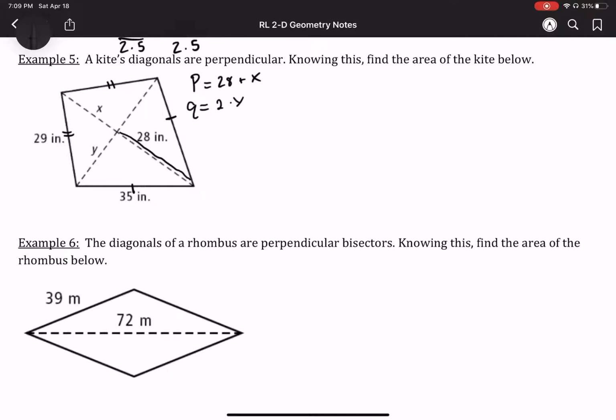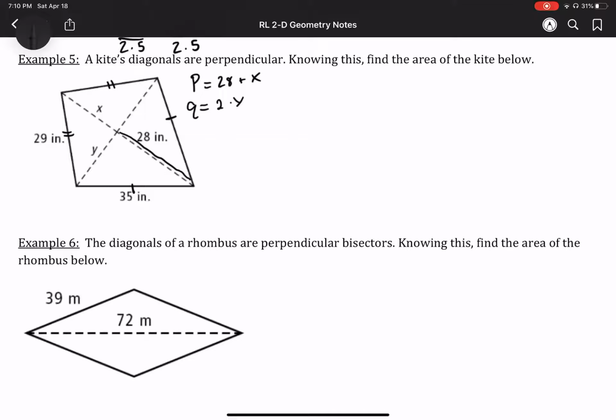I know that both sides are equal to that same amount of Y because when you look at these triangles, I have a 35-inch side and a 28-inch side with one side left over. And I have a 28-inch side, a 35-inch side with one side left over.